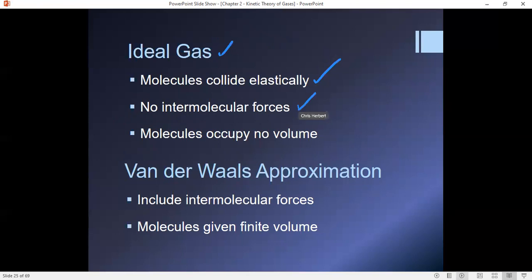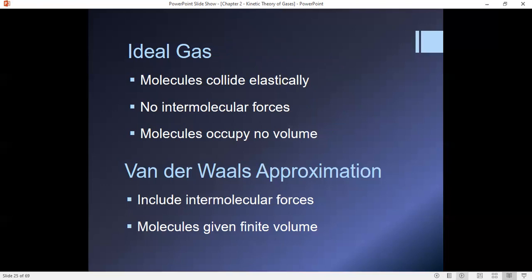There are no intermolecular forces, except when they get very, very close to one another, as long as the molecules have a good separation between them. And the molecules occupy no volume, or the volume is so small compared to the empty space that the volume of the molecules is insignificant.